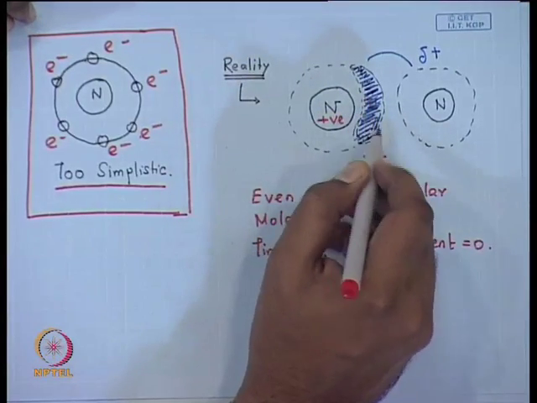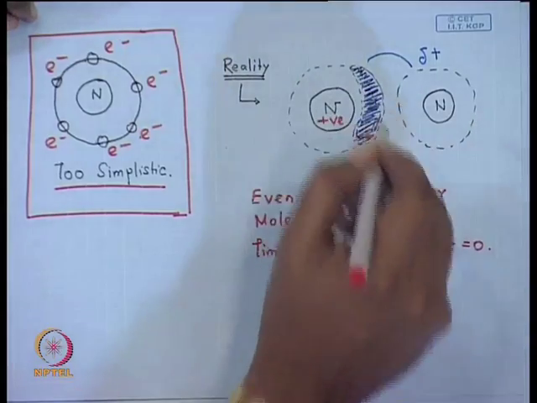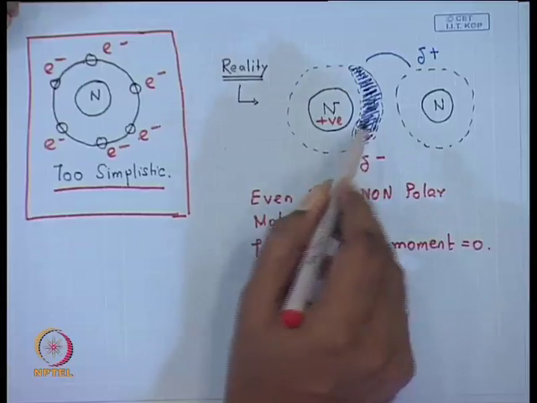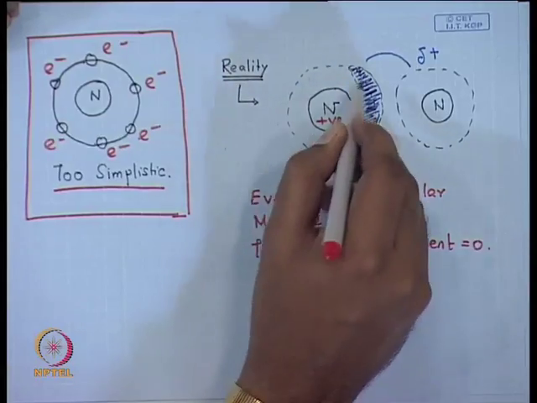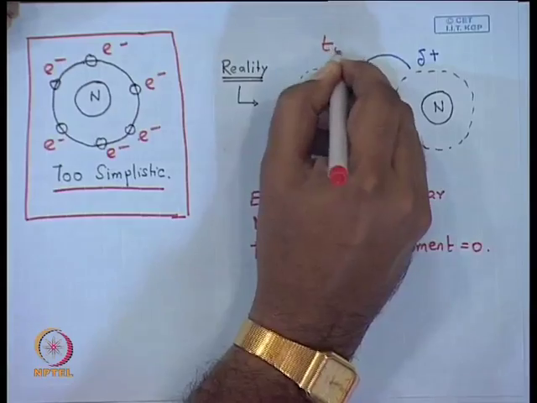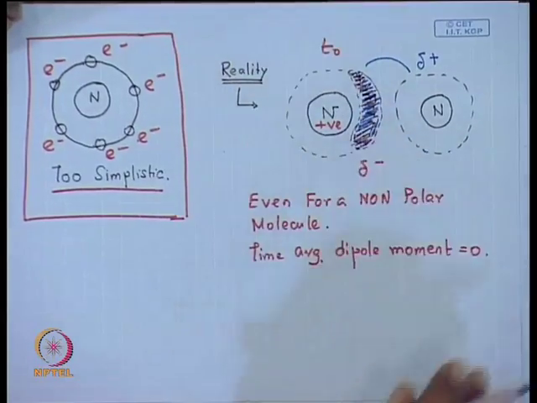This results in an instantaneous, localized dipole of delta minus around the area over which the electron cloud localization has taken place. For example, the way the figure has been drawn, let us say at a specific instance of time t0, this is the area over which there is a localization of the electron cloud.